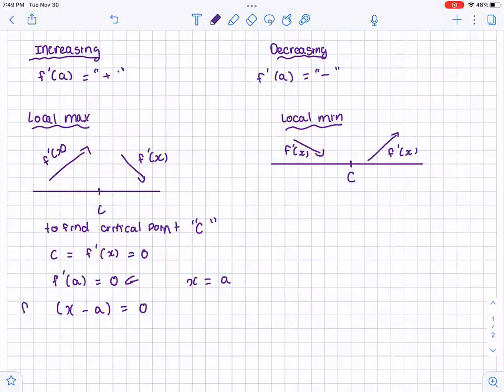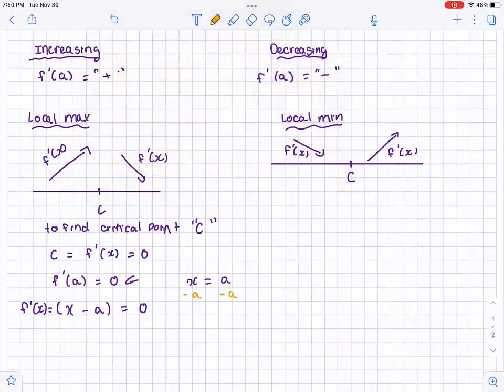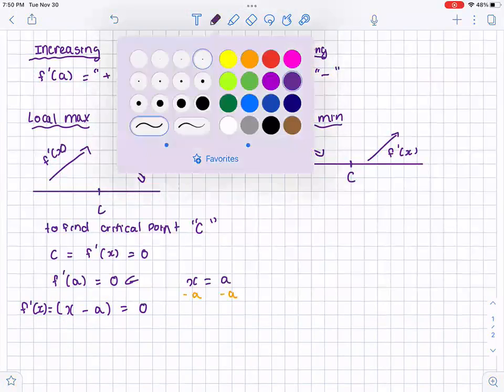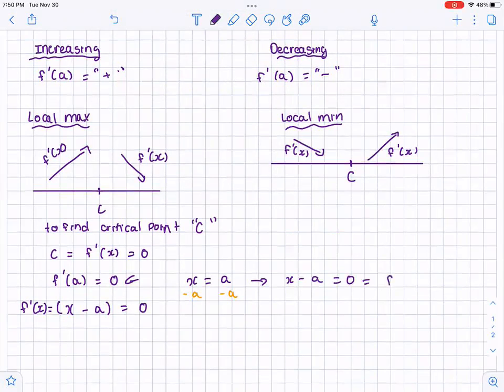So we have the f prime of x function here. Since we know f prime of a is equal to 0, and that means the critical point at x equal to a, then if you subtract a from both sides, we have what we just wrote here, x minus a is equal to 0, and that's the same thing as f prime of x is equal to 0, right?